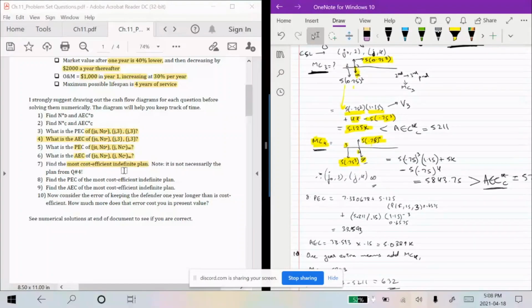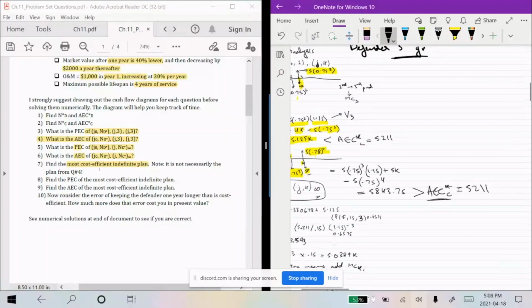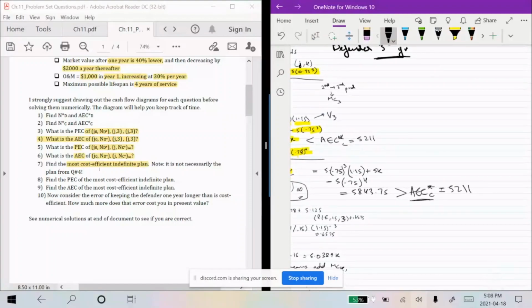So the most cost efficient plan that they're asking us for is going to be this. I'll just show how I got that again. Since we'll be using the defender for 3 years, we write that as J0, 3, and we'll be using the challenger for its estimated service life. You never change this thing about the challenger, right?